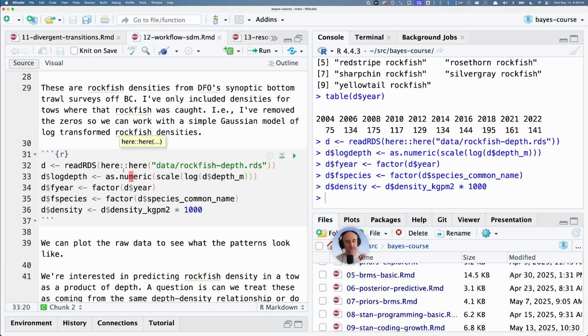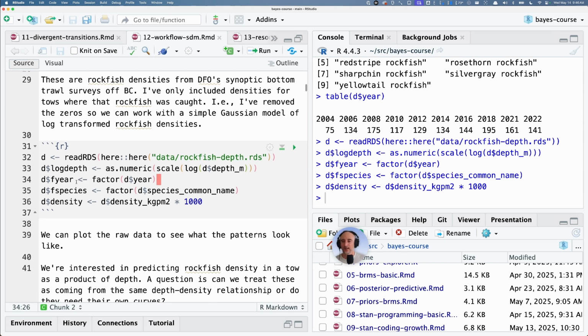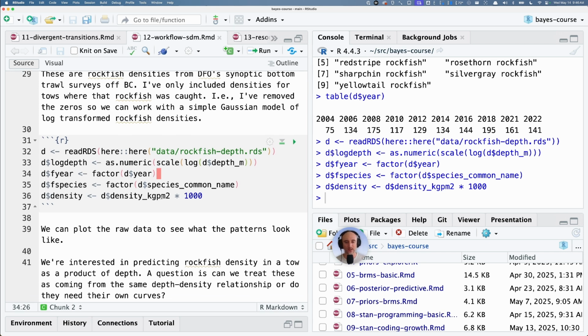That's just going to spread out the quadratics that I'm going to fit so that they better fit the data. I am going to create an F year, which is a factor version of my year, just to clean up my code and not have to write factor year all the time. Similarly, I'm going to create a factor F species of species common names, so I don't have to write factor species all the time.